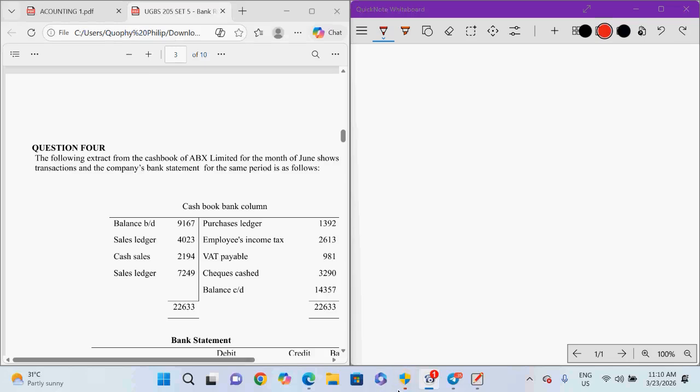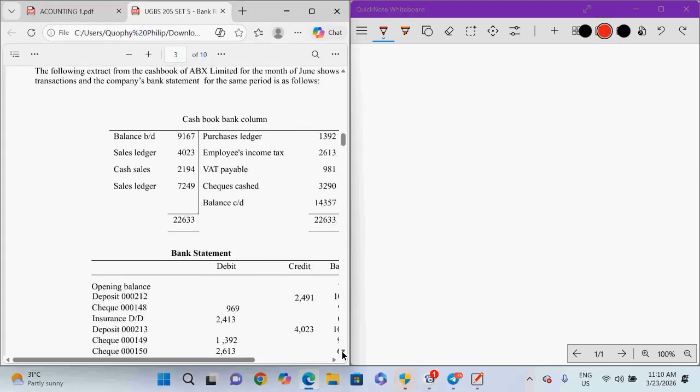Question 4. The following abstract from the cash book of ABX Limited for the month of June shows transactions, and the company's bank statement for the same period is as follows.